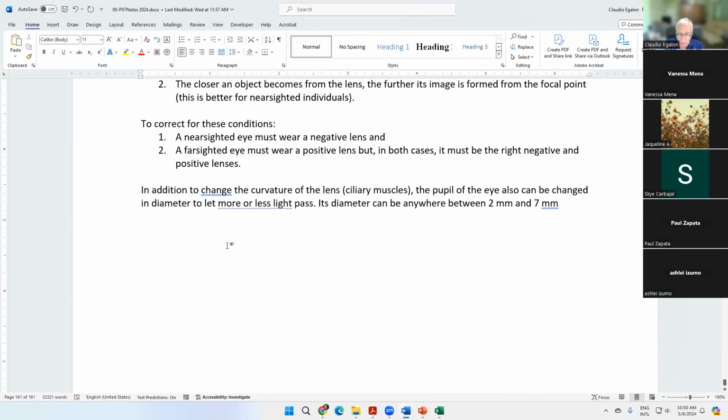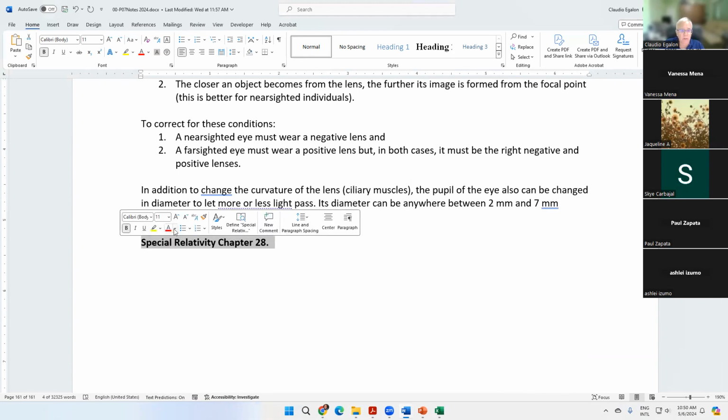Now, what we want to do is special relativity. Chapter 28. Okay, this is the physics. What we are going to do from now on is going to be the physics of the 20th century.